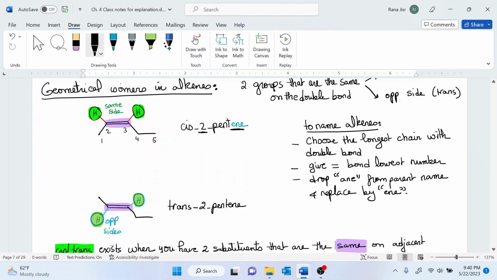Or you can name it as cis-pent-2-ene. So you can include the 2 between the parent name and the ending, which is the functional group in this case. So here I know that my functional group is an alkene, or you can simply put the 2 before the parent name, but that 2 indicates on what number the alkene is.